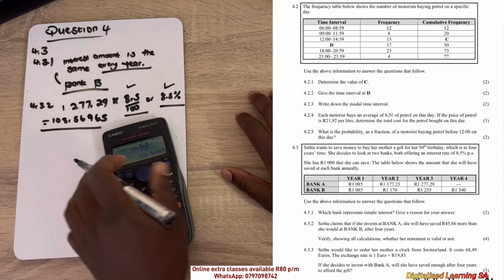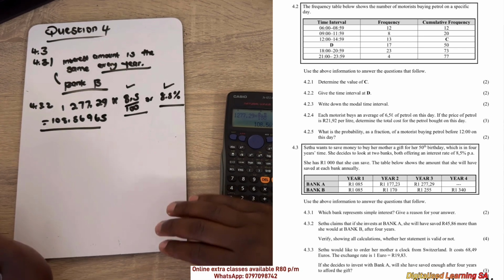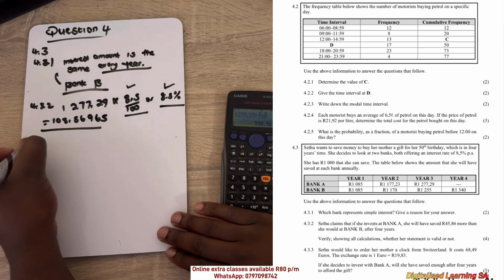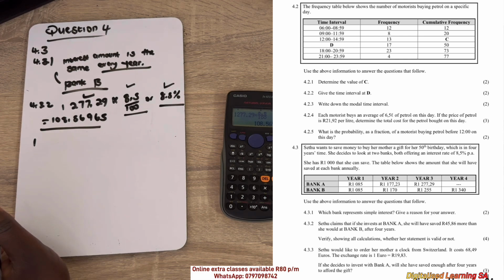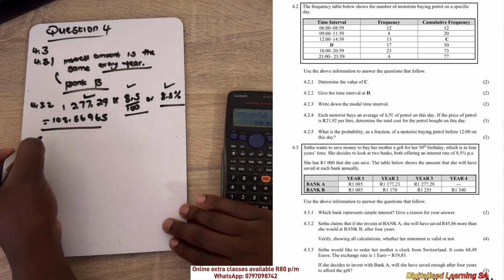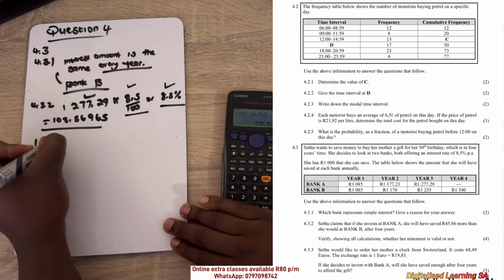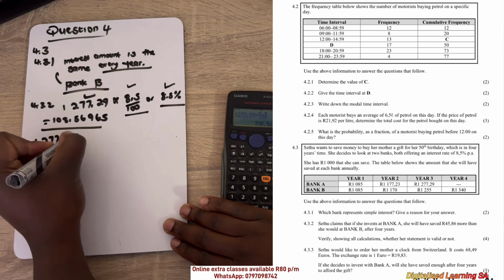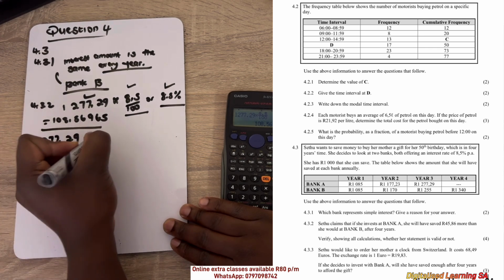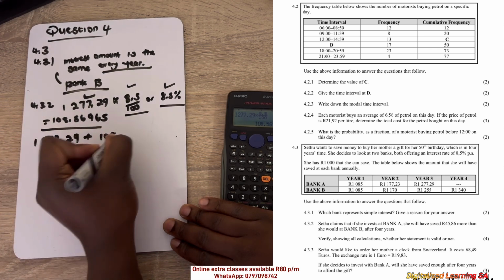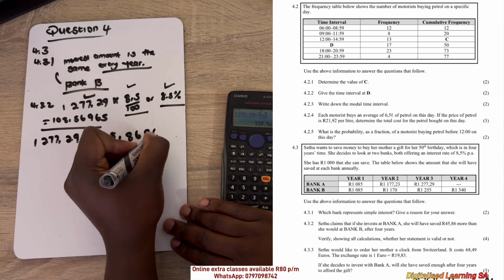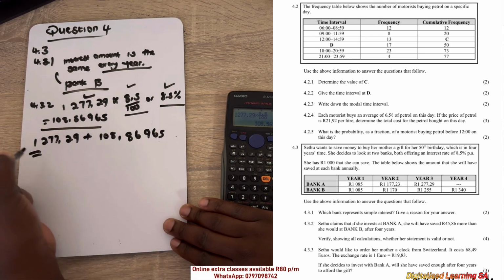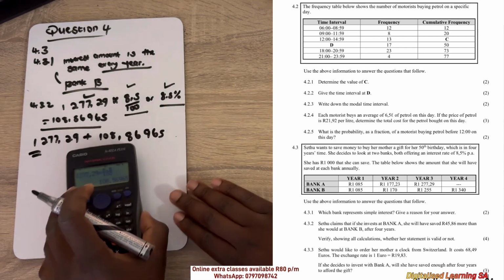So this is the interest that she's going to get, meaning that after year 4 she will have a total of, we just add what she already has. So we add 1,277.29 plus 108.56965.